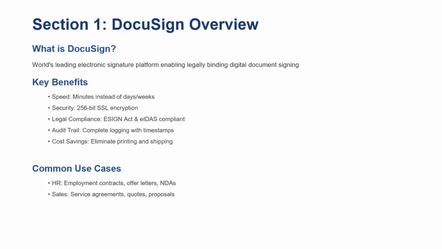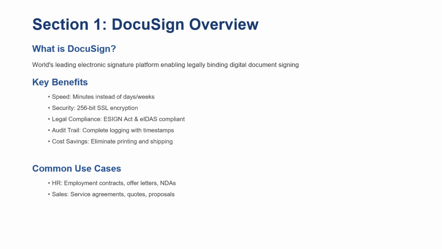DocuSign is used across many business domains. In HR, for example, it's commonly used for employment contracts, offer letters, and non-disclosure agreements. A new hire can receive an offer letter in the morning and complete all signing formalities before the end of the day.